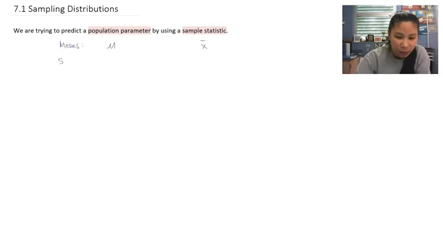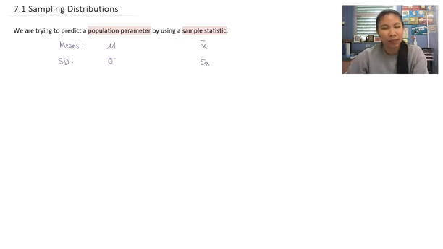For standard deviation, for a population, we use the symbol sigma. For a sample, we use lowercase s. Sometimes there's that little x there. It's not necessary, but we usually have it. And then I also want to talk about proportions. Proportions are just fractions, percentages, decimals.